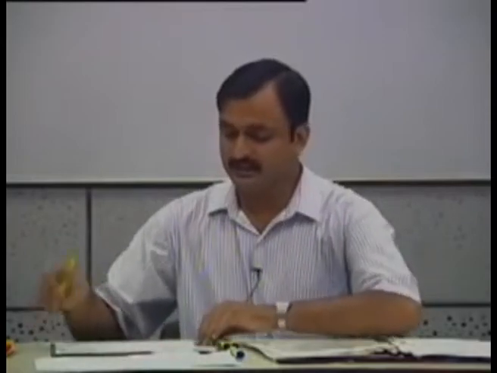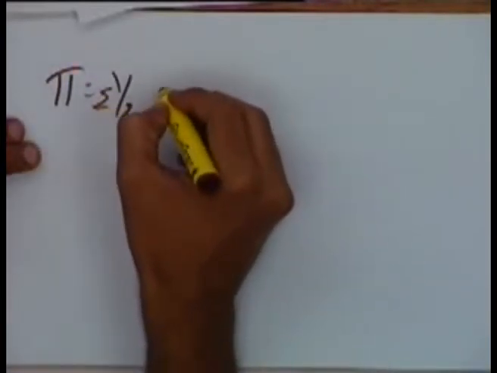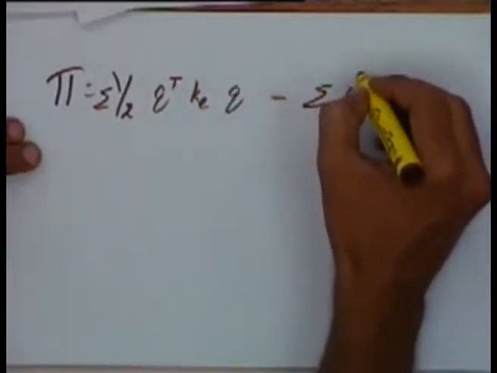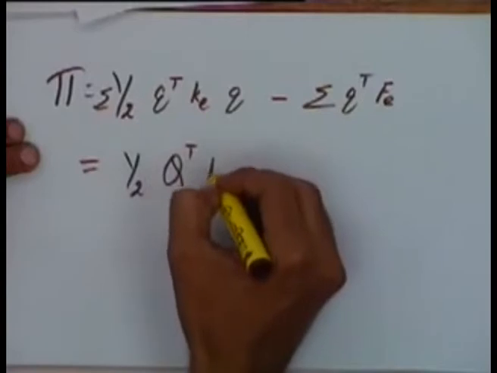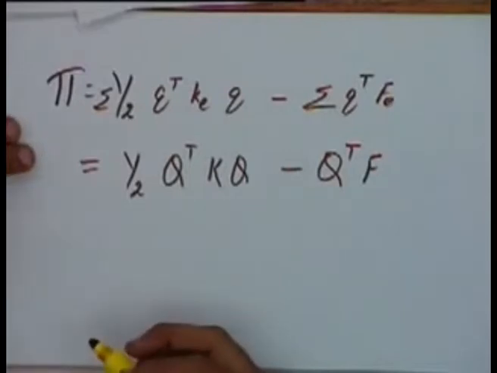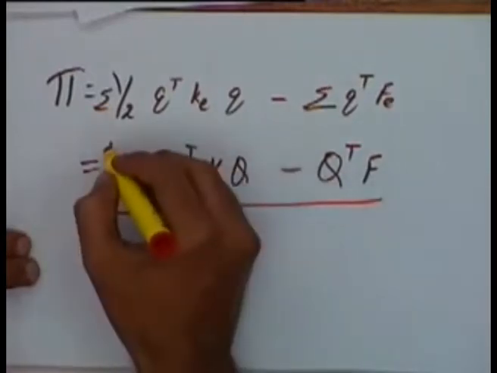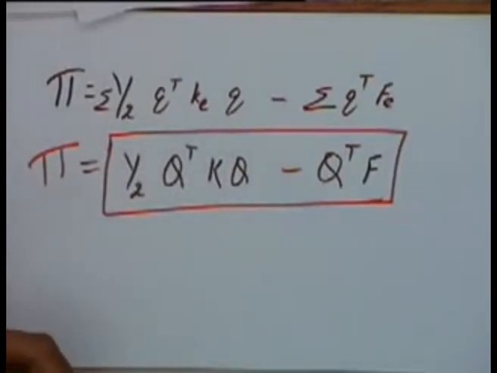the potential energy expression that I had earlier, that is this expression, I can simplify. I had pi equal to sigma half of Q transpose Ke multiplied by Q minus sigma Q transpose Fe. This is nothing but half of Q transpose K Q minus Q transpose F. Okay, this is the expression for the total potential energy in the system.